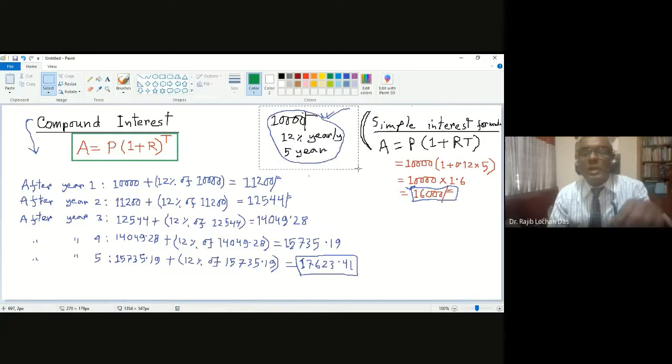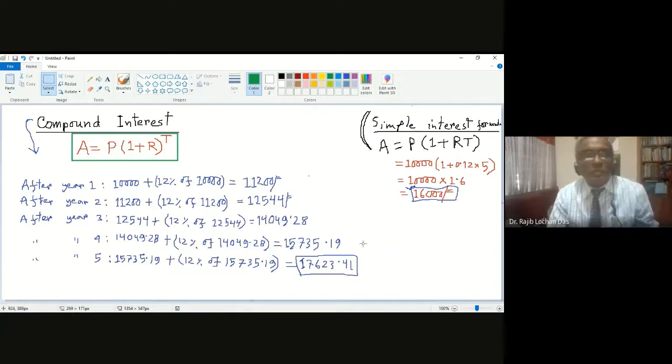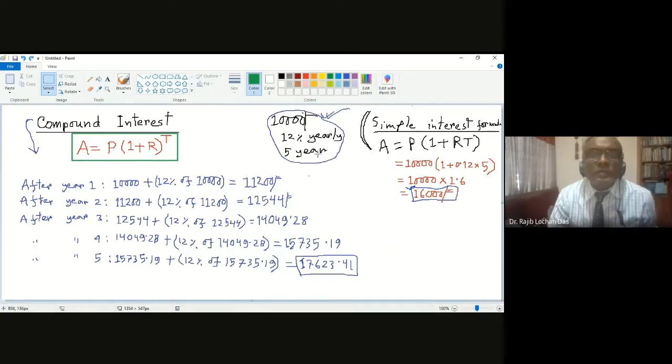Now you can apply this formula for calculating this situation. If it is the situation, like you invested 10,000 taka, and you invested for 12% interest, and you invested for 5 year time, and this is not simple interest, this is actually compound interest system.